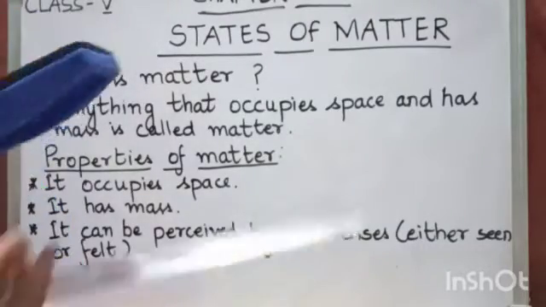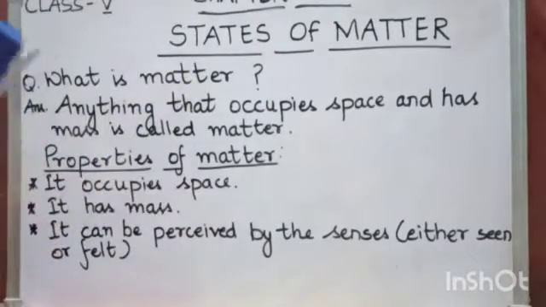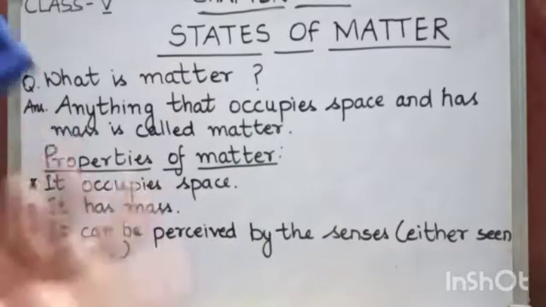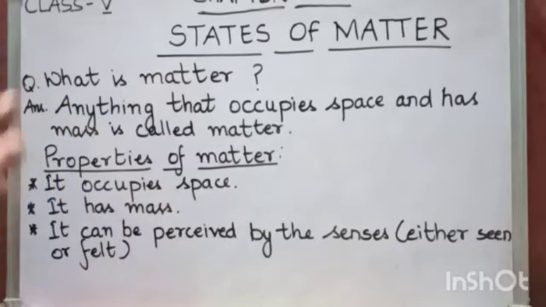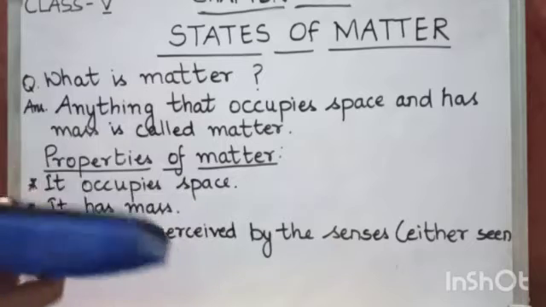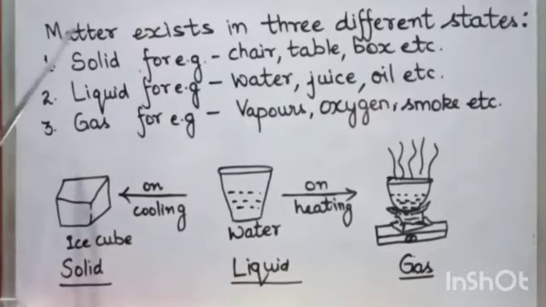So yes, we can see this, and we can touch it also and feel it also. Air cannot be seen because air is a mixture of colorless gases, but it can be felt. Air is called matter.